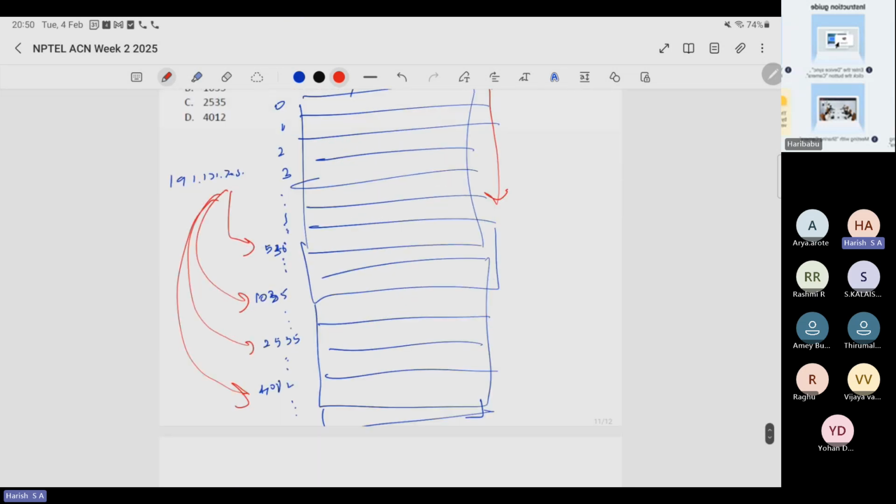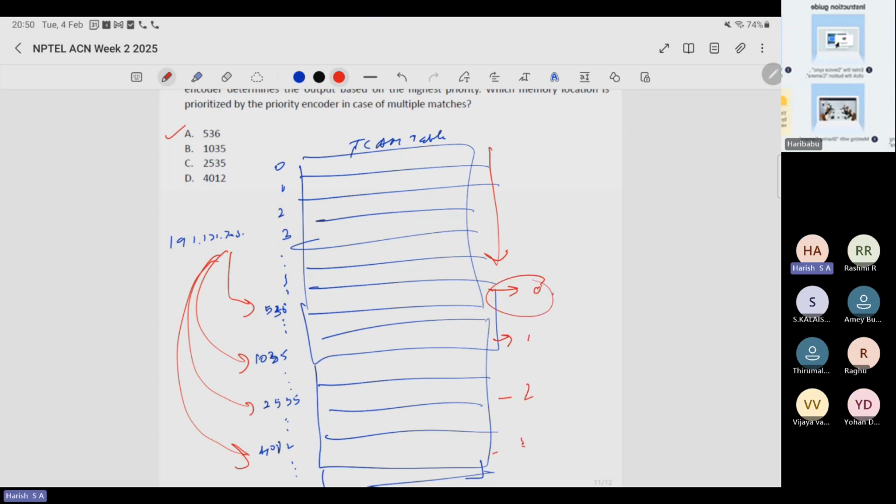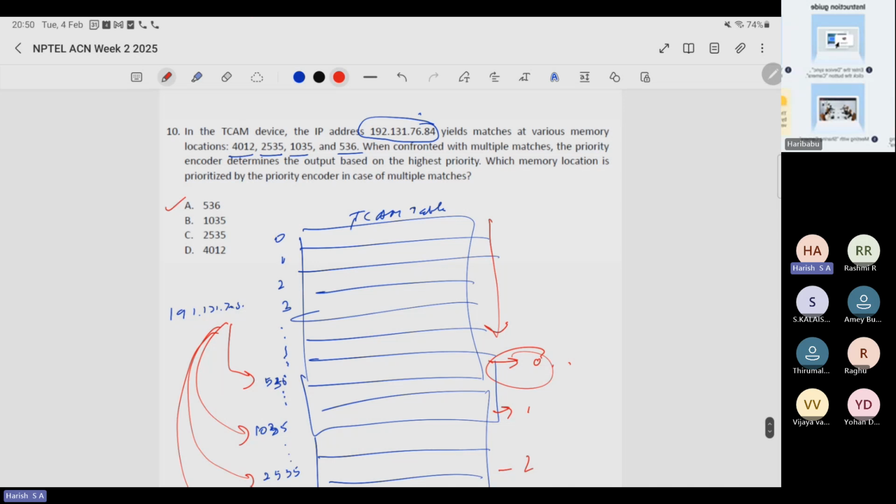Similarly, it'll be ordered in such a way that the very first match yields the correct output. This might send it to hop 0, 1, 2 or 3; this will send it to hop 0. It's a very simple question. If you saw the videos, you would be able to understand this.